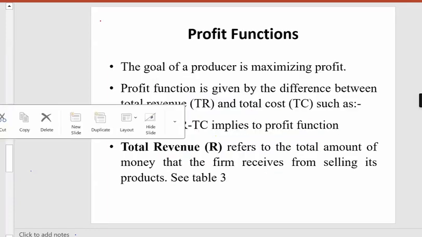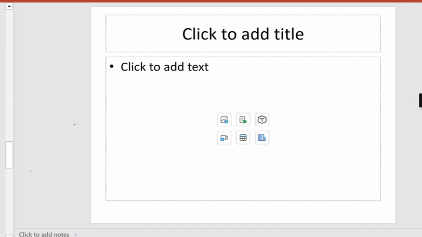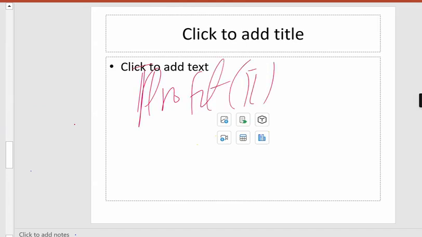We know that profit is equal to what? They write profit as pi. The profit function is equal to total revenue minus total cost. Yeah, total revenue or total product, whatever, if you are dealing with money.